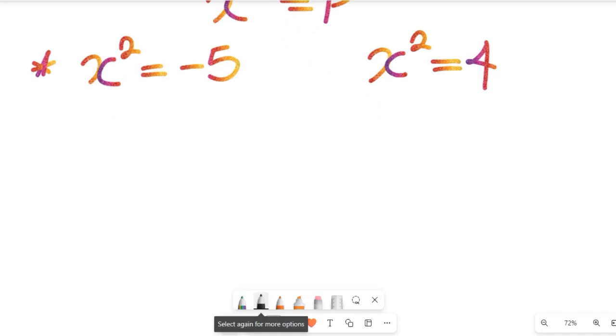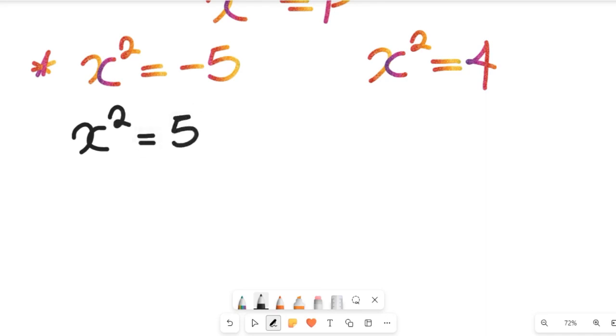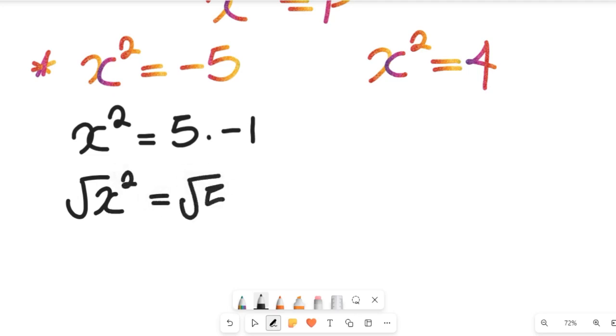The first gives us x squared equal to 5 multiplied by -1. If we take the square root of both sides, we have x equal to the square root of 5 multiplied by the square root of -1.